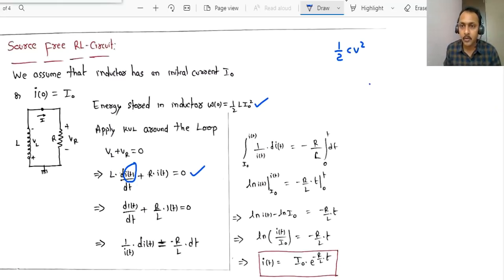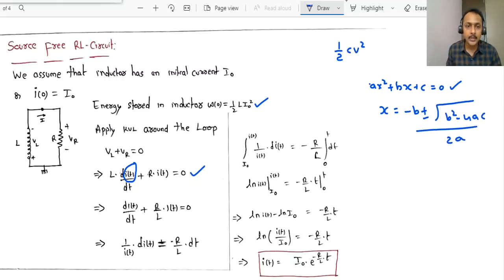Just like if you are given a quadratic equation ax square plus bx plus c equal to 0, the solution is the value of x which satisfies this equation, that is minus b plus or minus square root of b square minus 4ac by 2a. Similarly, this is a first order differential equation. What should be the value of i(t) such that this equation will be satisfied?